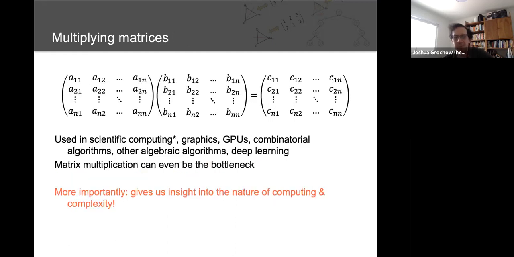But the real thing is, okay, sure, matrix multiplication is used in all these applications, but somehow the number of operations is not the right thing to look at. The real thing is, matrix multiplication is a very basic operation, and by understanding the computational complexity here, we're gaining some insight into the fundamental nature of this very basic operation.